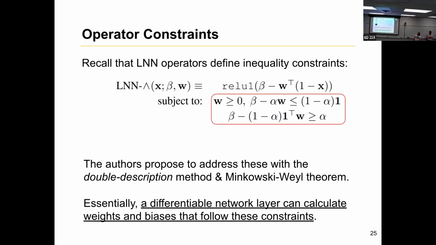But instead, what the authors do is specify it in the forward pass. They can use this thing called the double description method and a particular theorem that makes it so that a differentiable network layer enforces these constraints on weights and biases at a particular node.